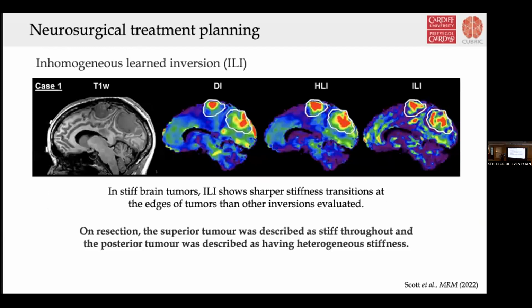But as I discussed a little bit earlier, there is that neural network inversion that recently came out. And it was applied to this case of a stiff meningioma. You can see that the ILI inversion, the advanced neural network inversion, sharply separates tumour boundaries, and there's a sharper stiffness transition than the other inversions evaluated.